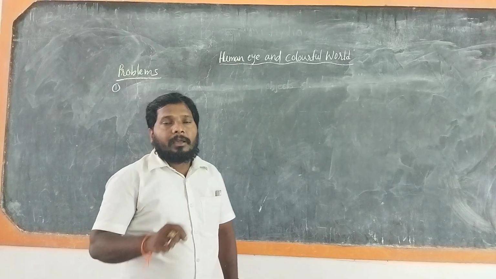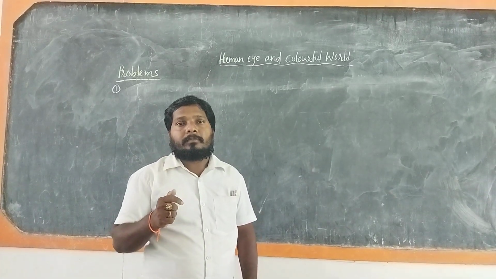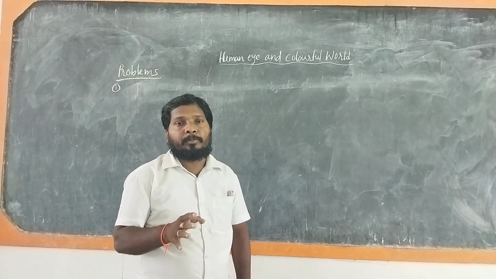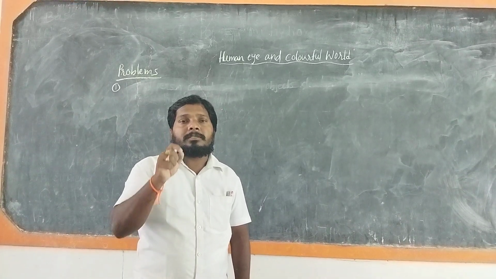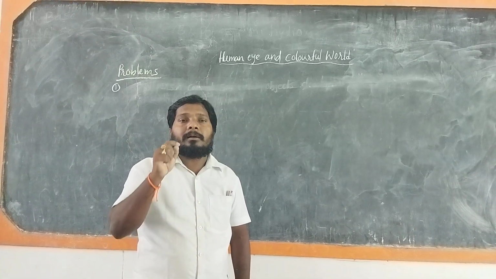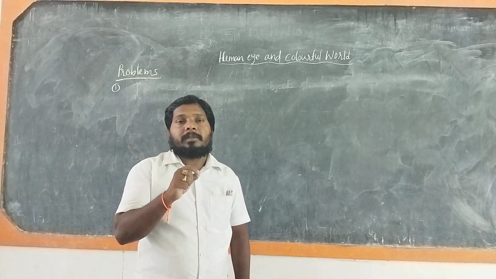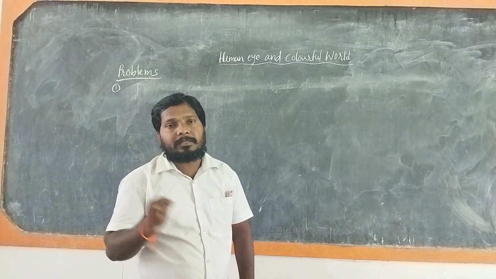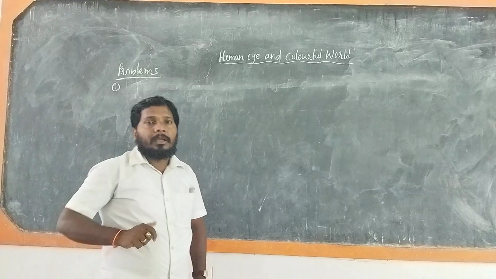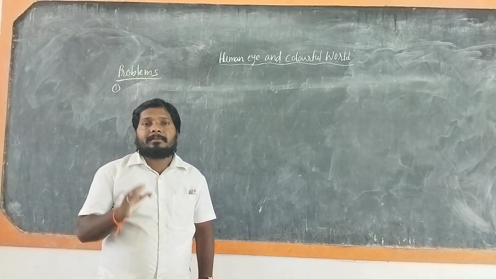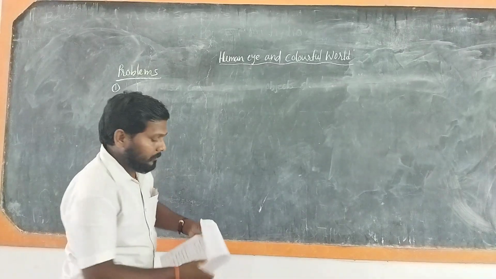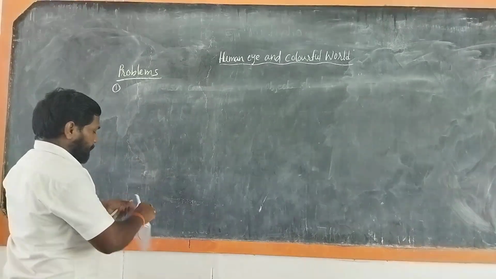To rectify either myopia or hypermetropia, we need to use some lenses. So what type of lens we have to use and what is the power of the lens. Let us discuss how to find the answer if an exam asks some problems regarding defects of vision. Let's take the first problem.